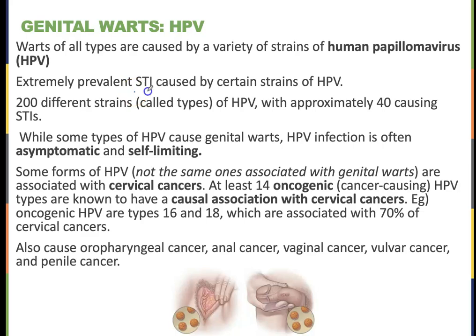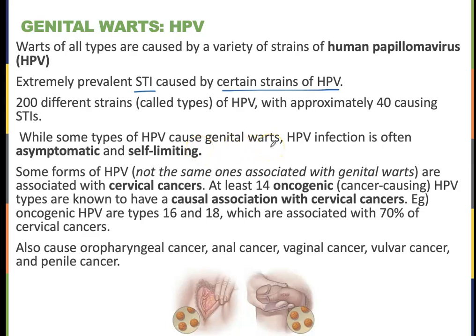It is a very common sexually transmitted infection, and certain strains of, sorry, I said herpes, warts can be caused by certain strains of the human papillomavirus. So we can see there's 200 different strains of HPV, 40 causing sexually transmitted infections.